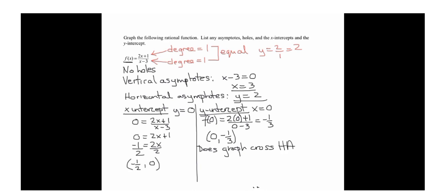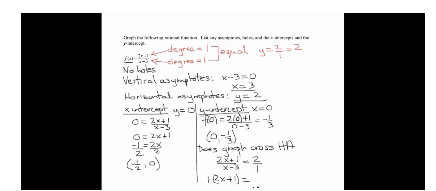The only other thing that's useful to find is: does the graph cross the horizontal asymptote? The way you do it is you set the function 2x plus 1 over x minus 3 equal to the horizontal asymptote, 2, to see if this is true. And what is the simplest way to solve an equation that looks like this?